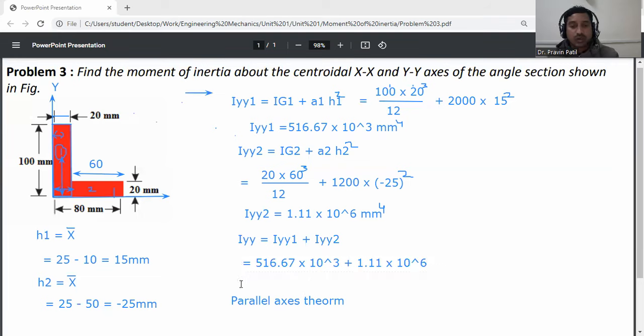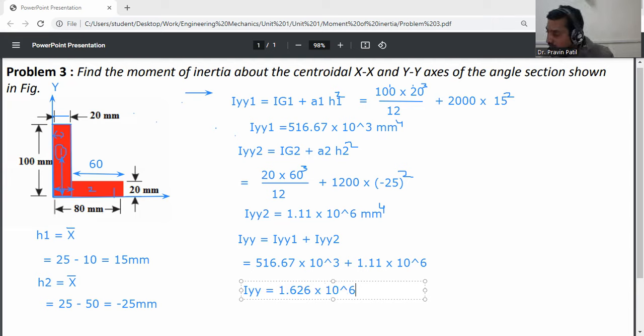So the total moment of inertia about the YY axis is 516.67 into 10 raised to the power 3 plus 1.11 into 10 raised to the power 6, which is 1.626 into 10 raised to the power 6 mm raised to 4.